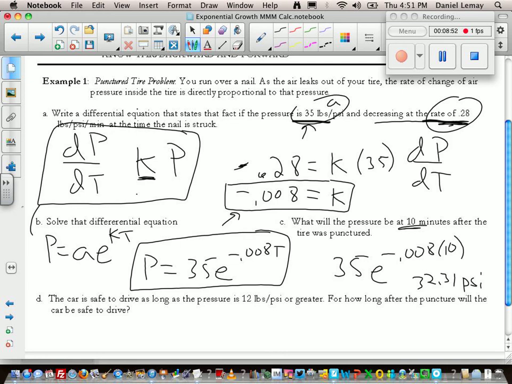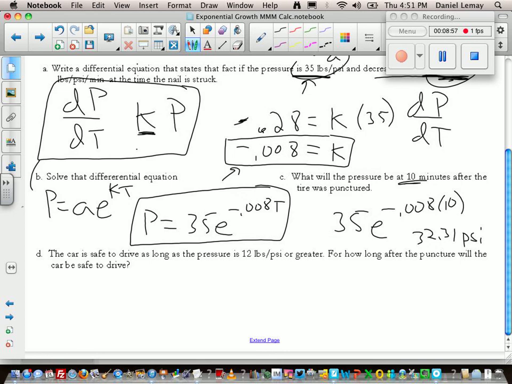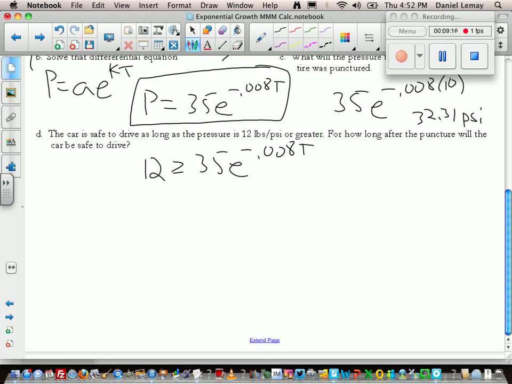Okay. Then for this last one, this is just pre-calculus kind of questions. They're asking me if it's 12 or greater. So 12 has to be greater than, we could just treat that like an equation, 35 e to the negative 0.008t. If you don't remember your algebra for this, we're going to divide both sides by 35. And then to unlock that exponent, I'm going to take the natural log of both sides.